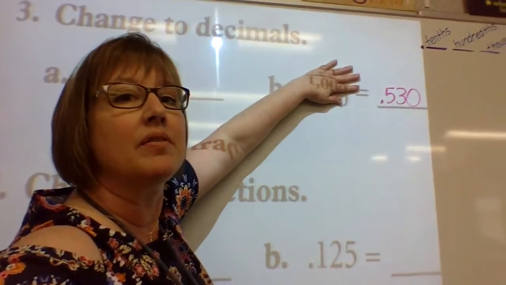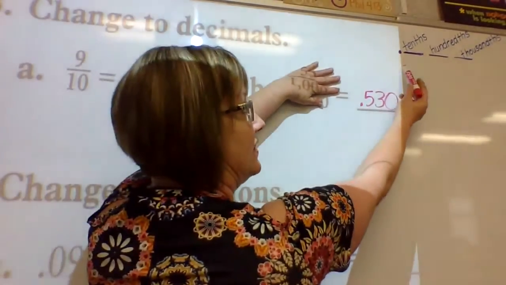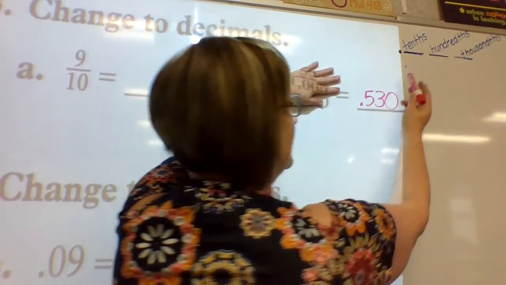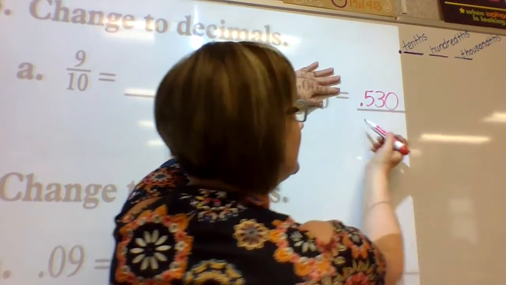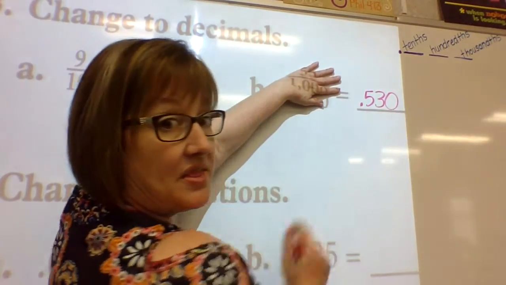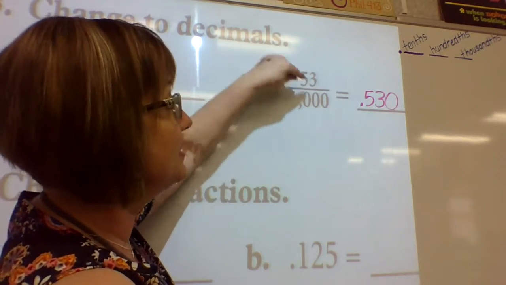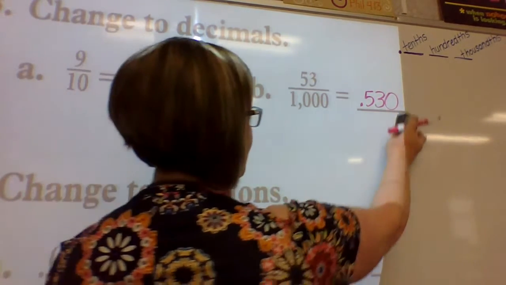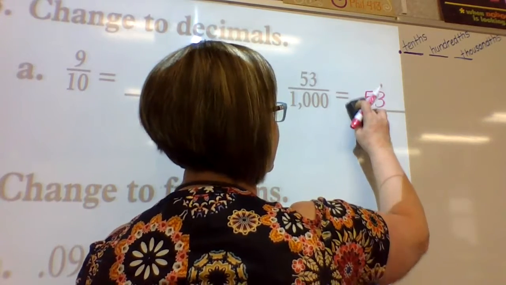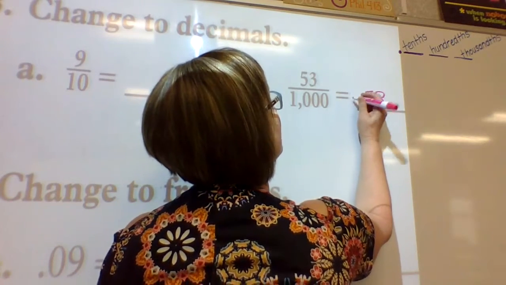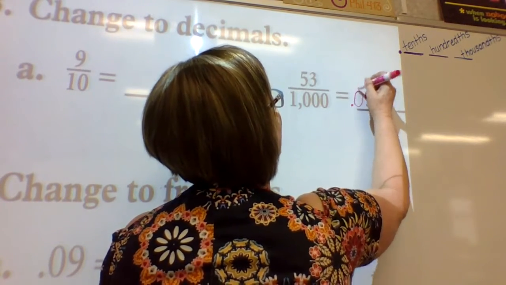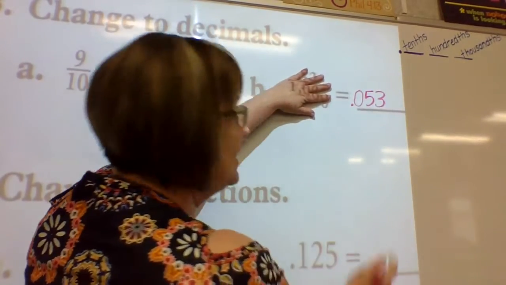Okay, we have tenths, hundredths, thousandths. 3 of them mean thousandths. 530 thousandths. Is that what they asked you to write? No, they asked you to write 53 thousandths. So you know, oh, the zero's in the wrong place. So come back over here, put the 0 in the right place, cover it up again, and read it.